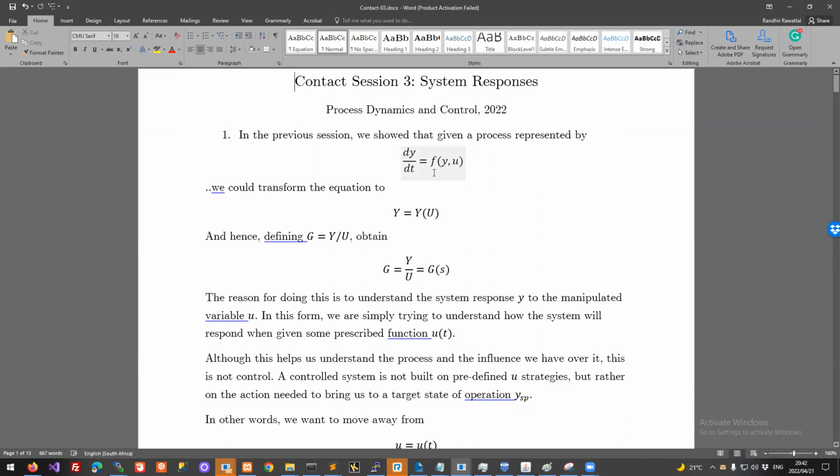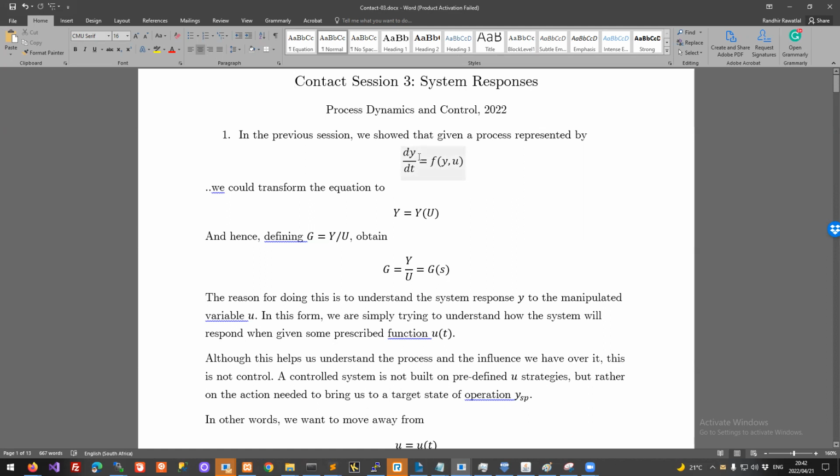And just a quick note on the terminology. So we said y reflects the state of our process, and we also call that the control variable. So in general, in maths, in a differential equation, we think of the dependent variable y as the state variable. It shows us the state of the system.